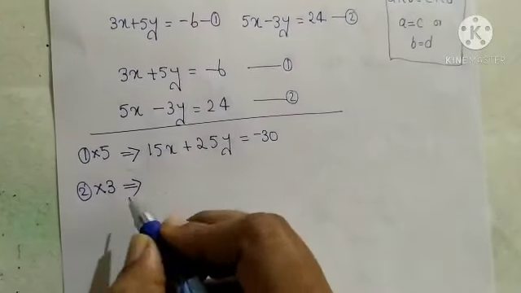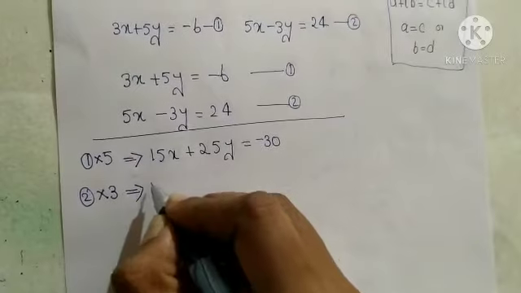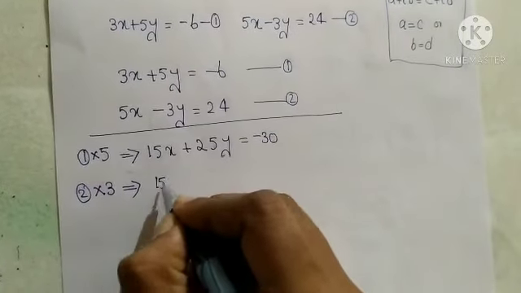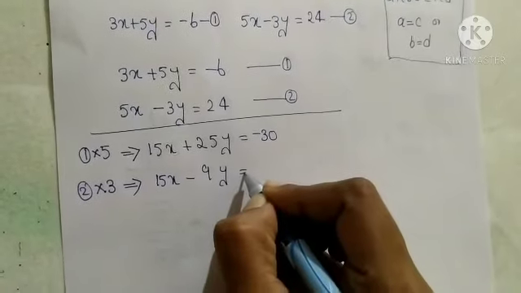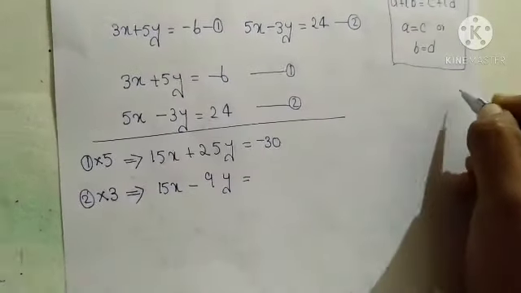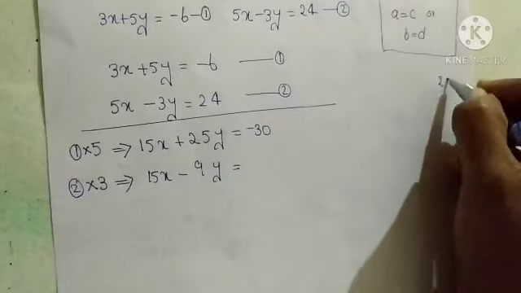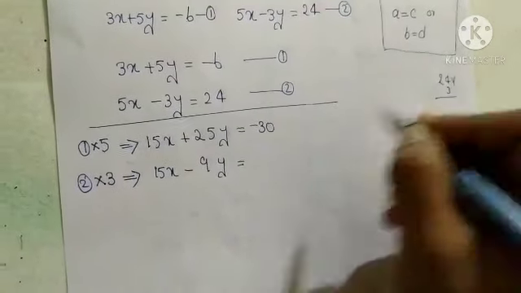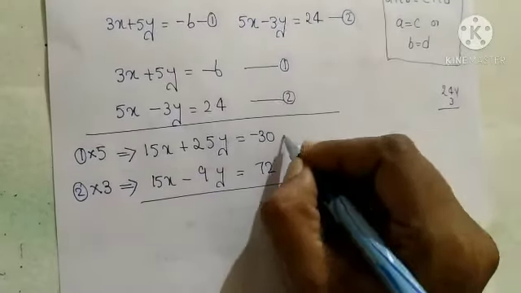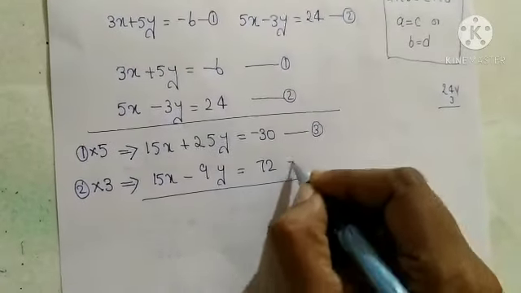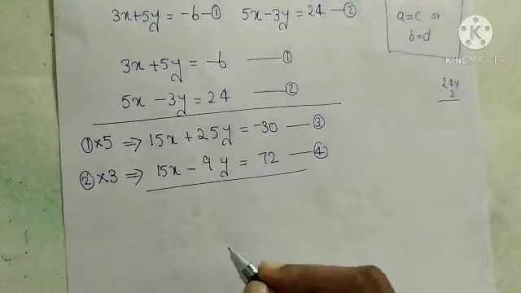So it will become 3 into 5, 15x, minus 3 into 3y, 9y, equal to 24 into 3. So 24 into 3 means 72. Let us name them equation number 3 and equation number 4.